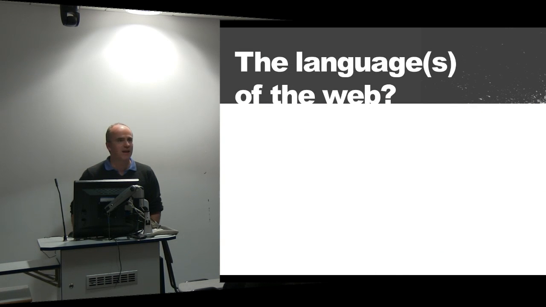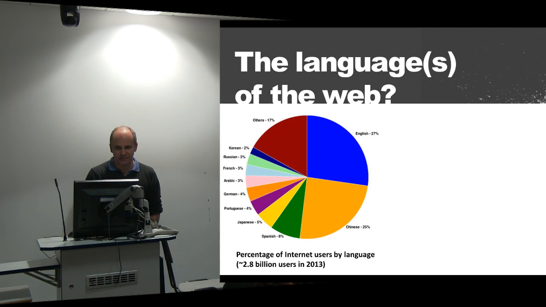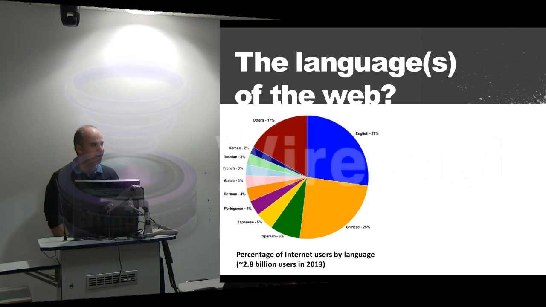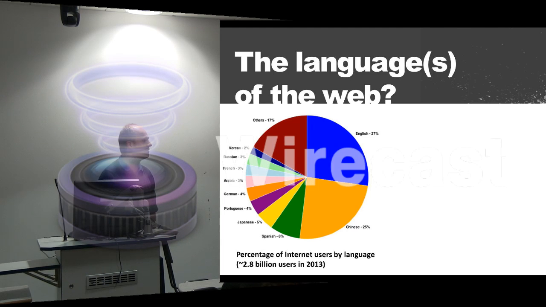Also, what are the languages of the web? What is the language that is spoken by web users? Here's the map. We have around 2.8 billion users of the web, out of a population of around 7 billion.